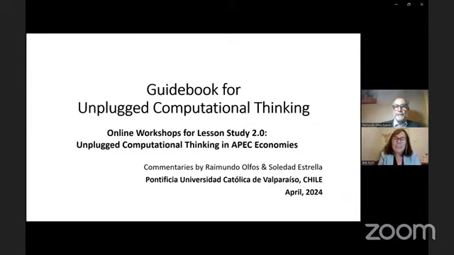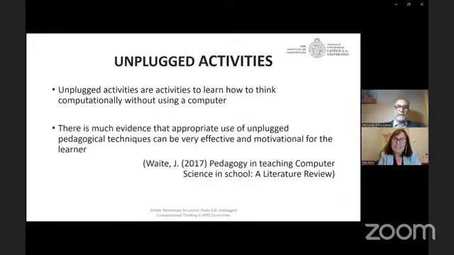Now we present the guidebook for unplugged computational thinking, from the online workshop for lesson study 2. Unplugged activities.